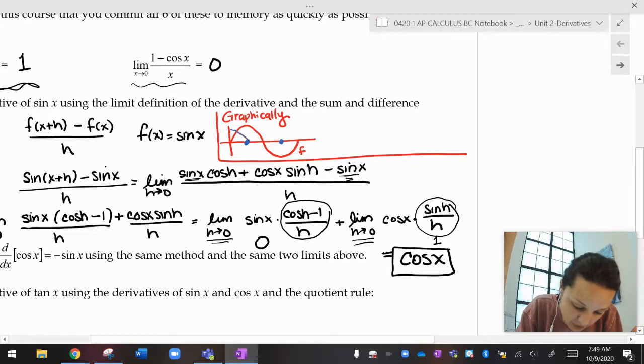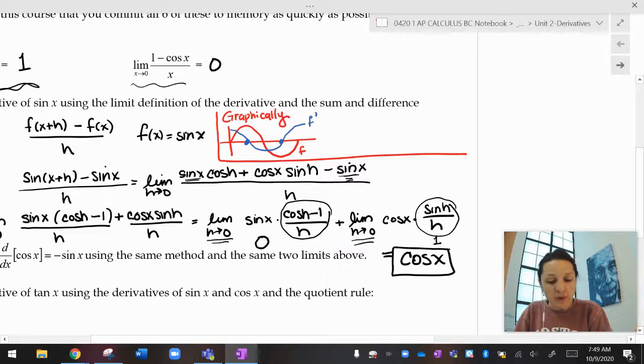I have to increase, decrease, increase, and now I have the derivative. I have f prime, and if you look at that, f prime definitely looks a lot like the graph of cosine. But in the end, you need to know that the derivative of sine is cosine.